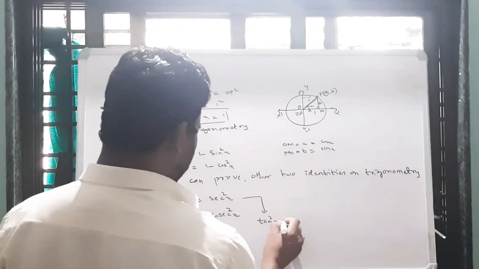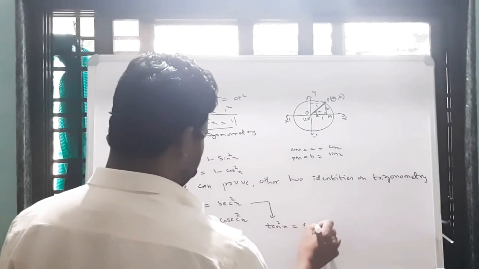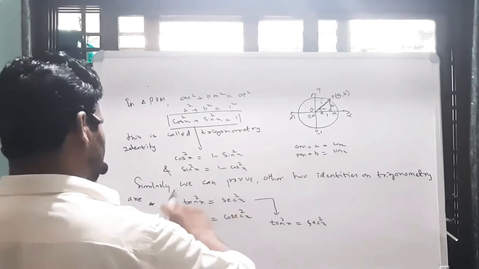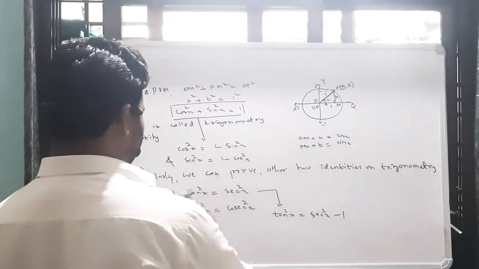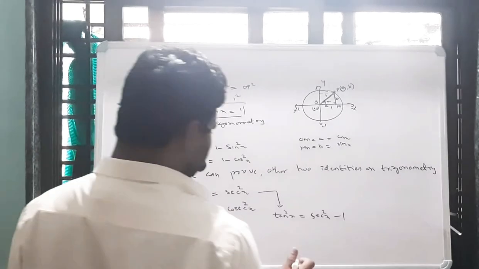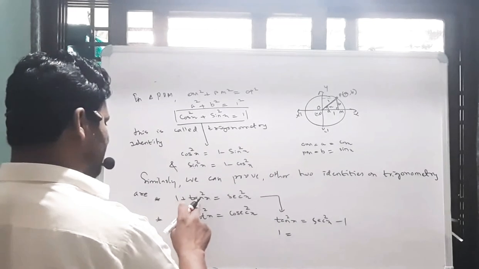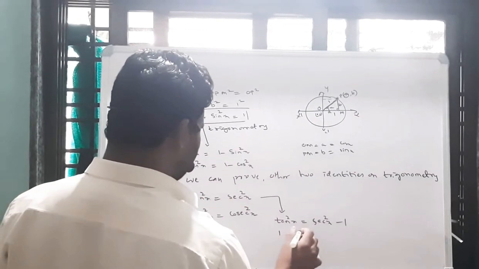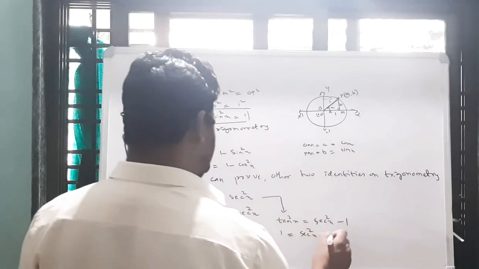Here also we can write: tan square x is equal to sec square x minus 1. Also, taking tan square to the RHS, 1 is equal to sec square x minus tan square x.